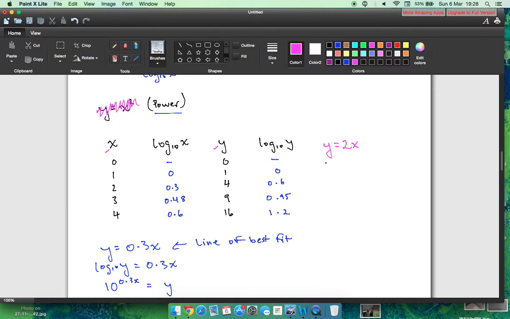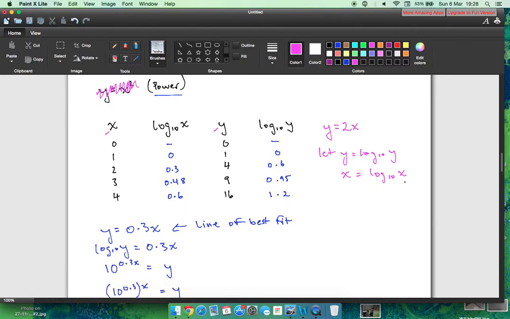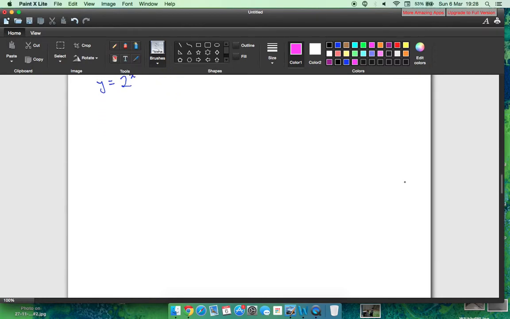So this is a similar process here. Because we took a log of x and log of y values, in order to convert this back into a power function, we need to let y equal log to base 10 of y, and we need to let x equal log to base 10 of x. So I'm going to scroll back down here and we're going to do that now.